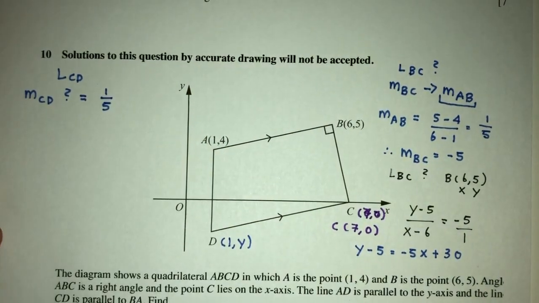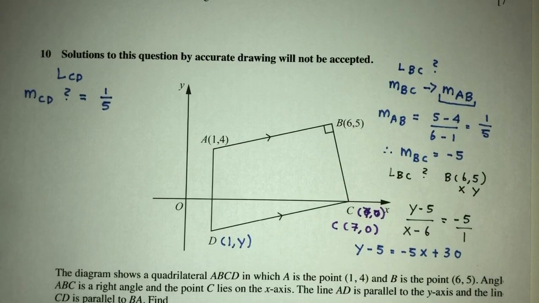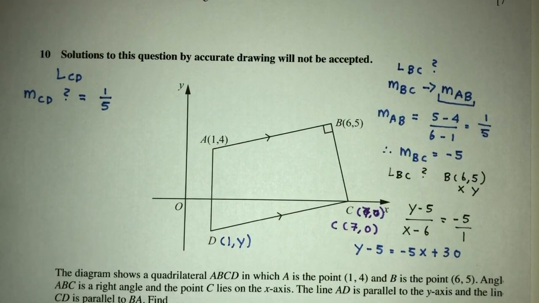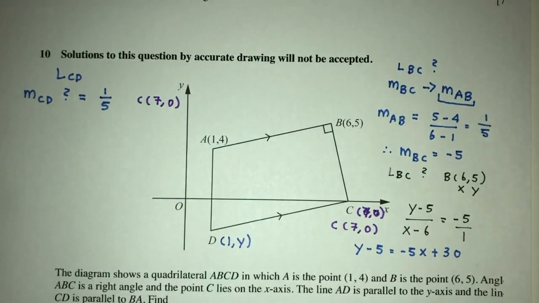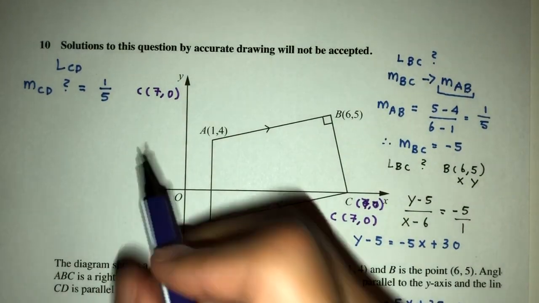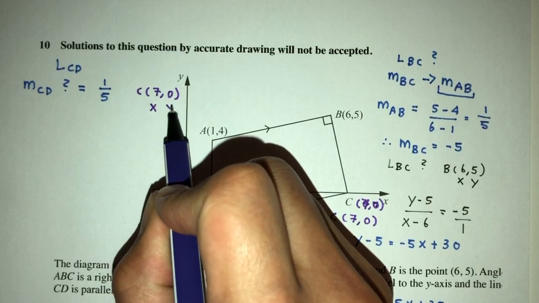Same direction, right? Now let's see. We have a passing point which is C, that will be 7, 0. We can use that to find the equation of that line. That will be the x value and the y value.